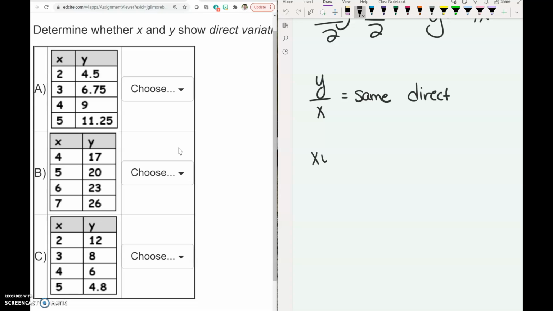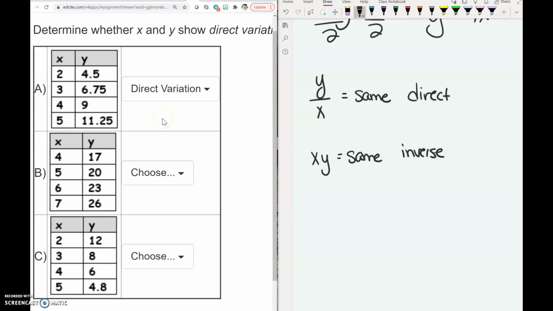If you do x times y and you get the same number every time, then it's inverse variation. So in A, I did 4.5 divided by 2, 6.75 divided by 3, 4 divided by 9. Every time I got 2.25, so that one is direct variation.